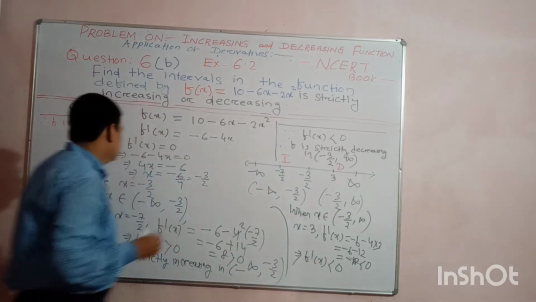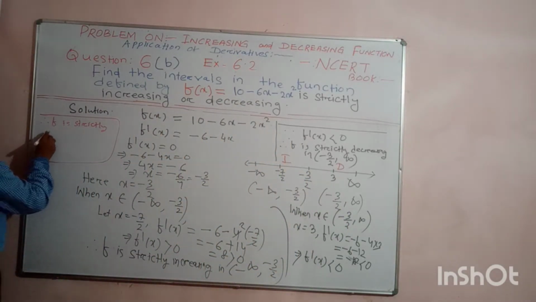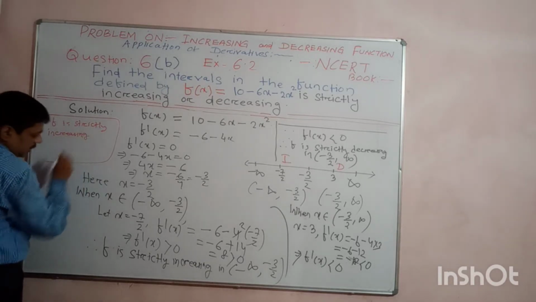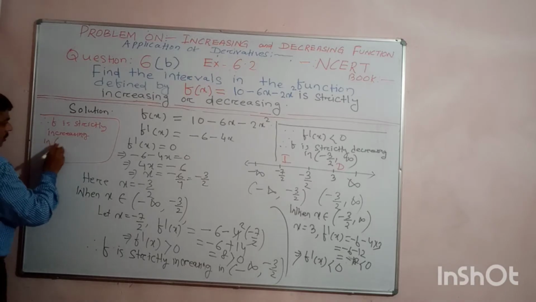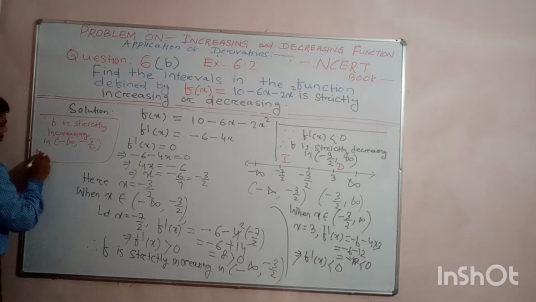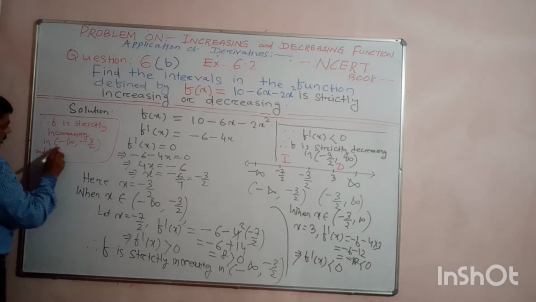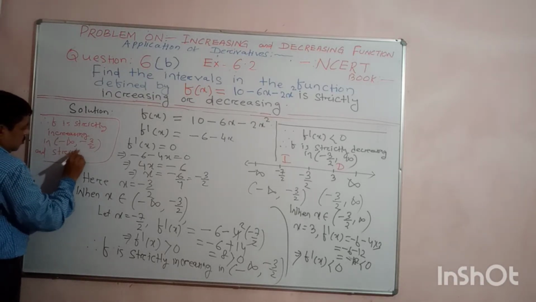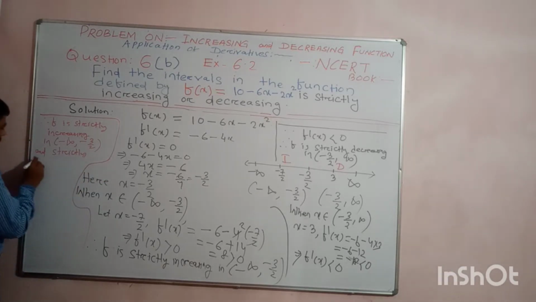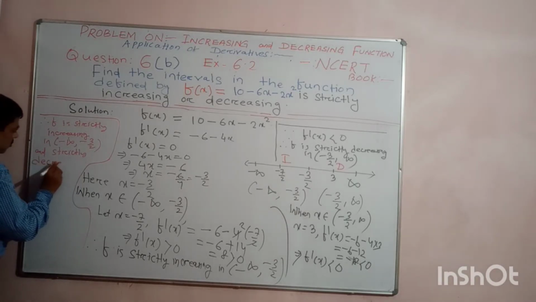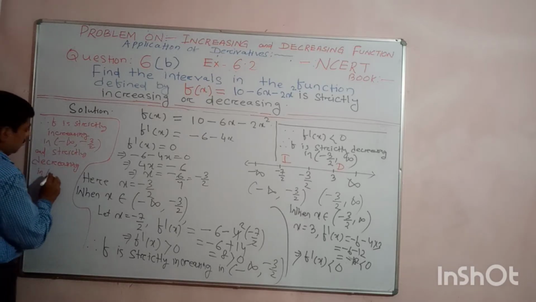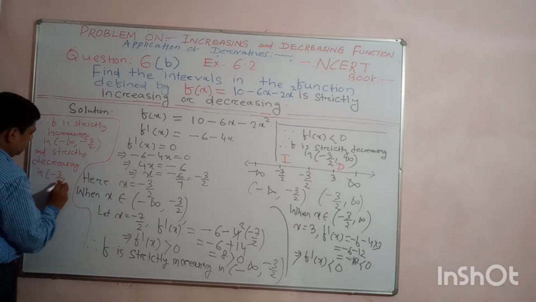So the function is strictly increasing in the interval minus infinity to minus 3 upon 2, and strictly decreasing in the interval minus 3 by 2 to infinity.